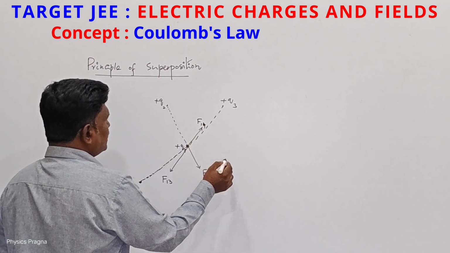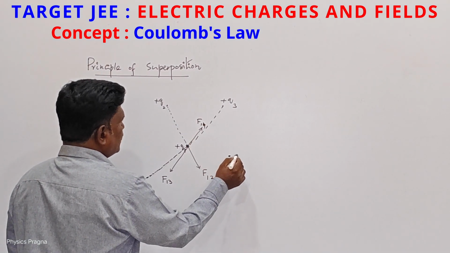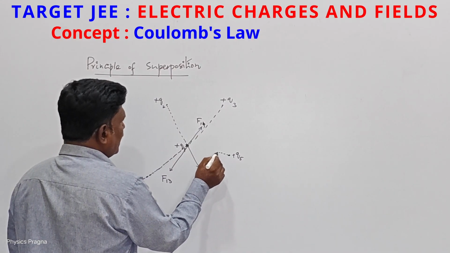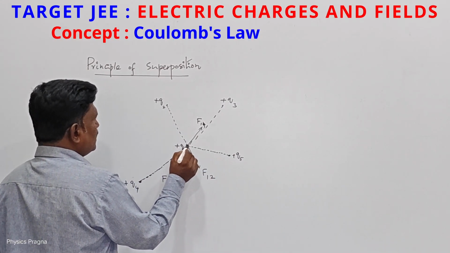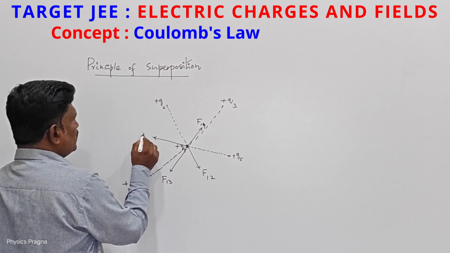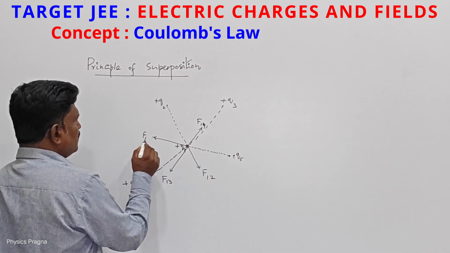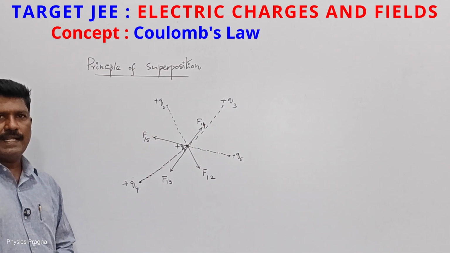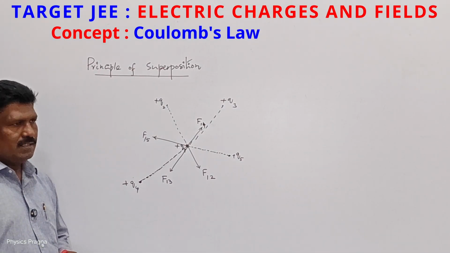You can also imagine one more charge, plus Q5. So this Q5 will repel this Q1 in this direction. This is the force on the first charge because of the fifth charge. Like this, several forces are acting on the Q1 charge.